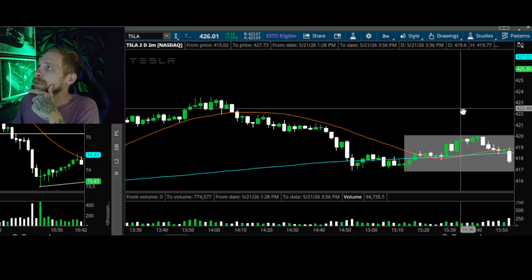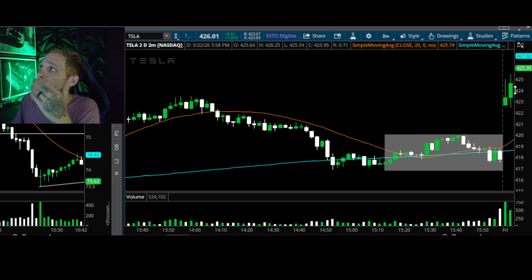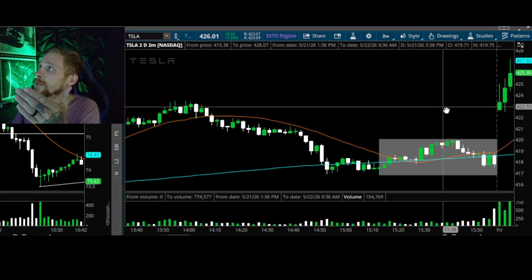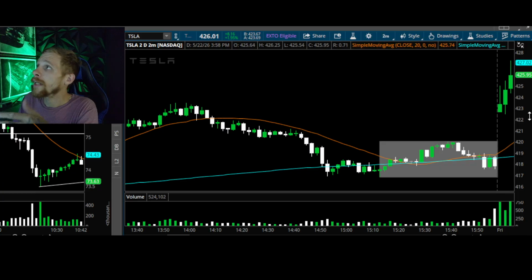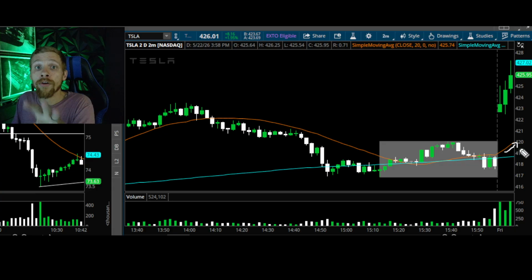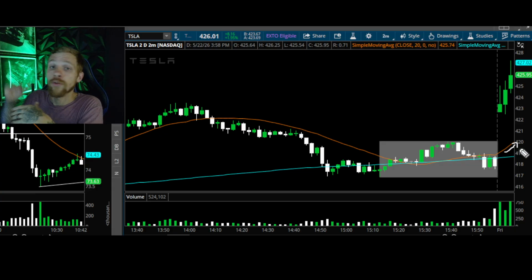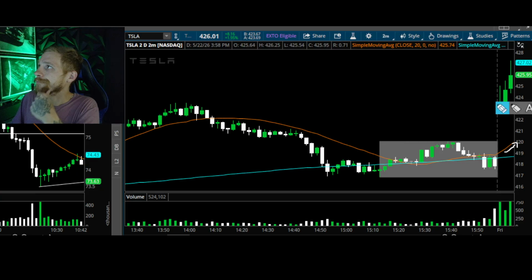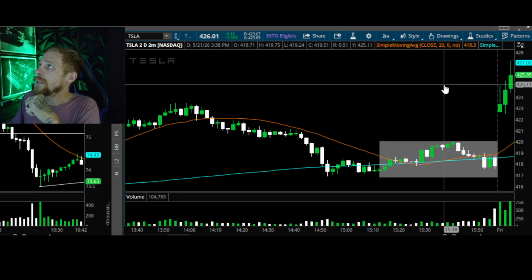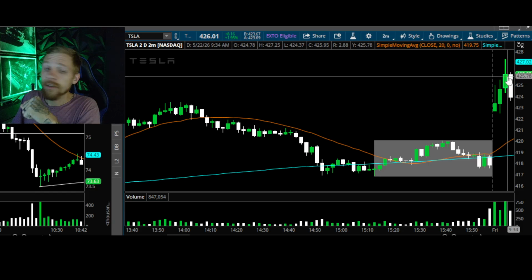So right here, I'm just taking note of this, right? Right here we have another green candle, boom, we have another green candle. Price is moving in the upward direction here, and we're starting to get the trend of the 20 in the upward direction. This is all good for what we want to see for long bias, right? After this, we keep moving, and right here we get a little engulfing.